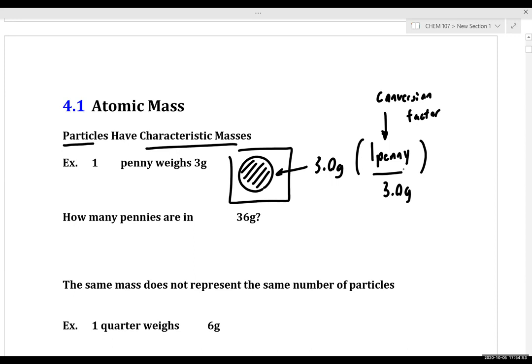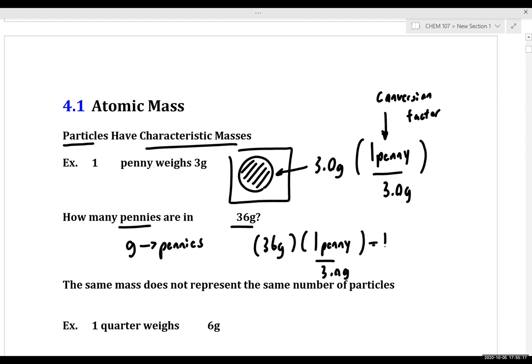So then I can calculate how many pennies are in 36 grams. Well, I'm trying to go from grams to pennies, okay? So if I have 36 grams, I know I have 1 penny per every 3.0 grams, and that gives me an estimate of 12 pennies, right?